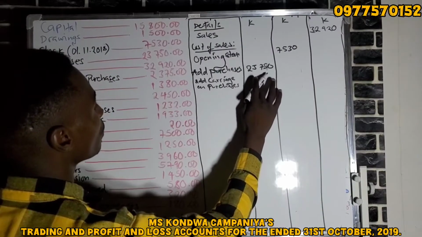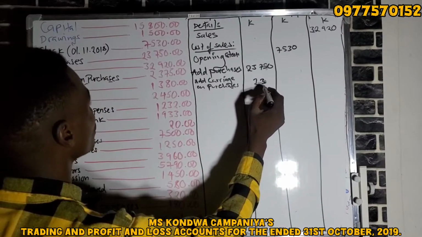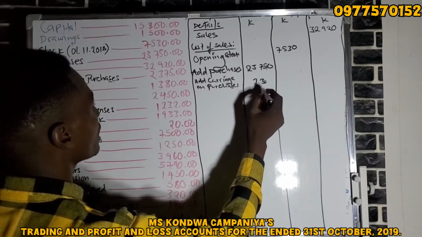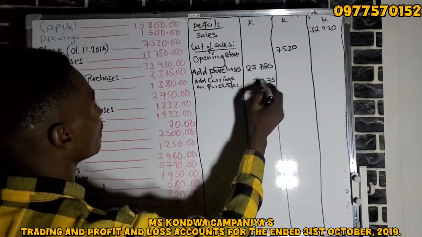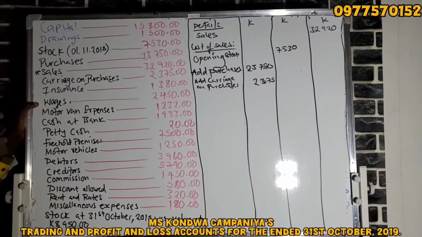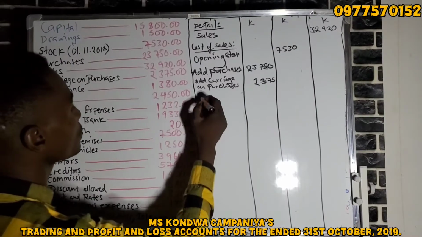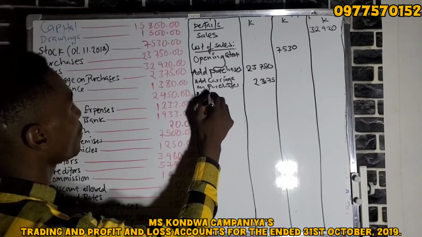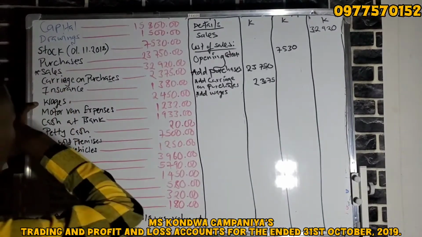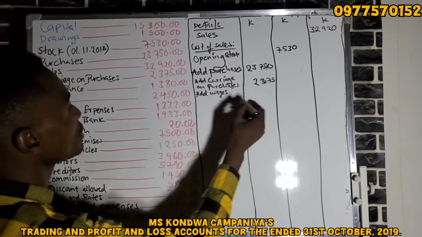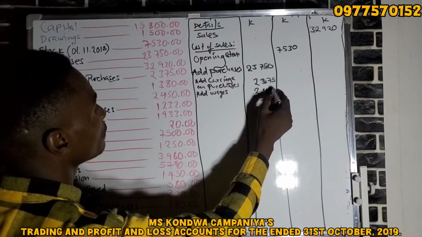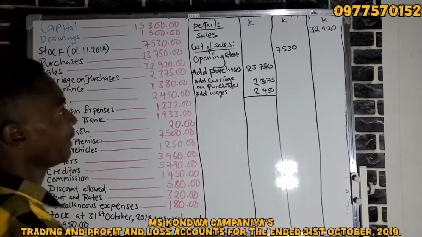This is the cost of transport you used to transport the goods that you purchased. Then you also paid people to offload and load, wages. So we're going to add wages as well. Wages is 2,450.